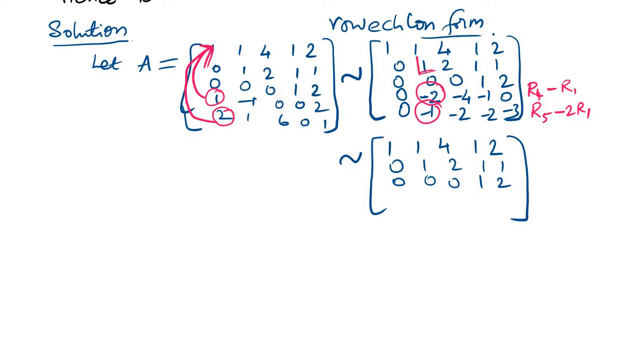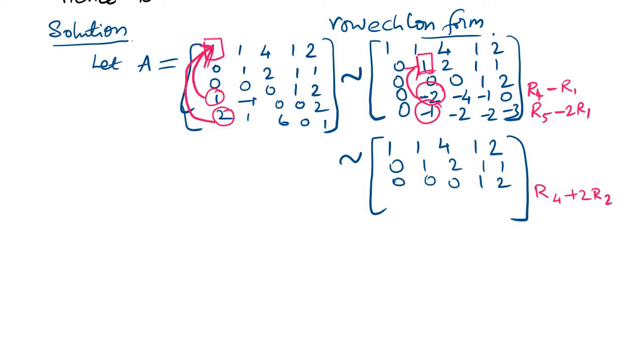Here the pivot element is 1. We have to use this pivot element. Here minus 2 is there, and 1 is the pivot element. So multiply R2 by 2 and just add it. So the operation must be R4 plus 2R2.